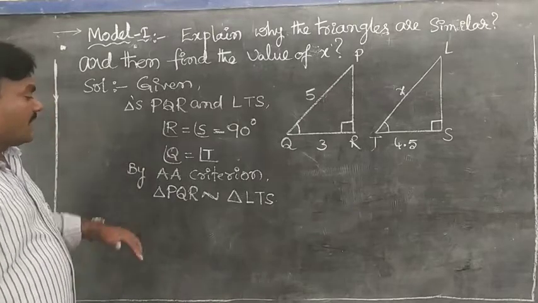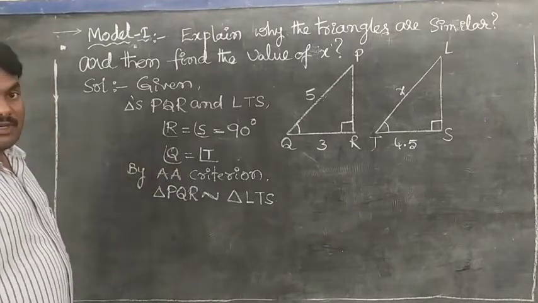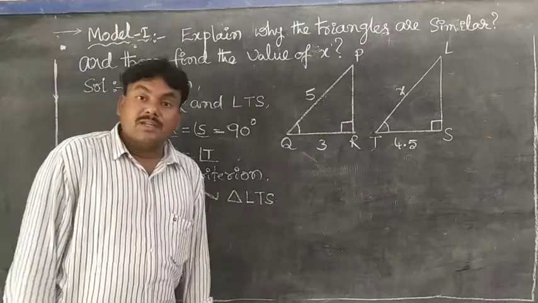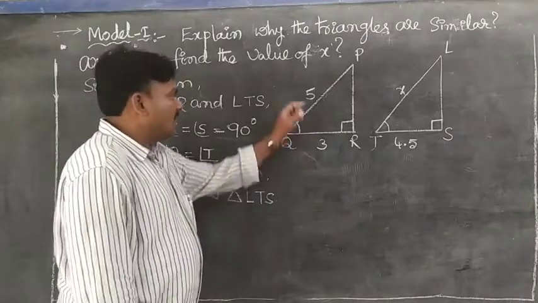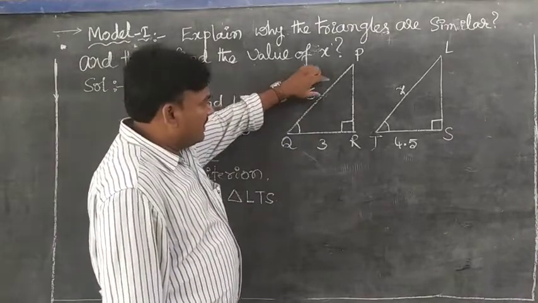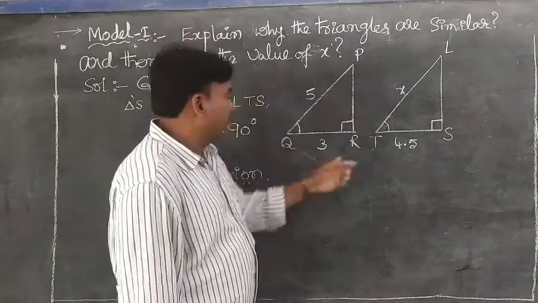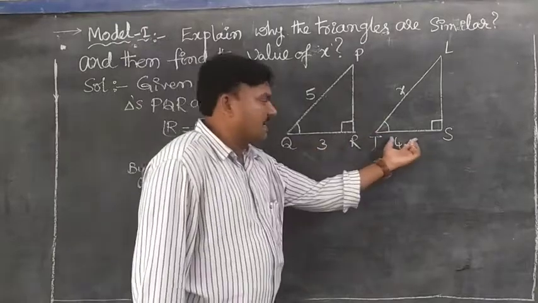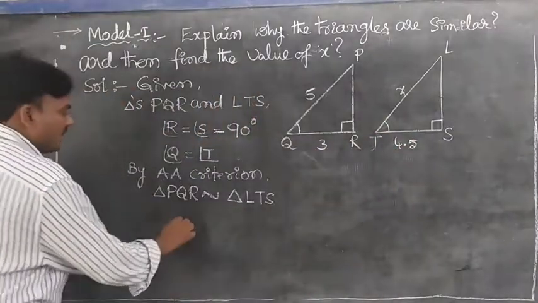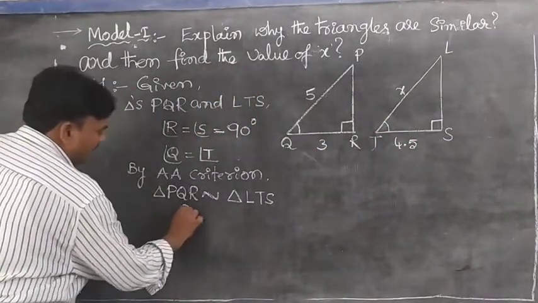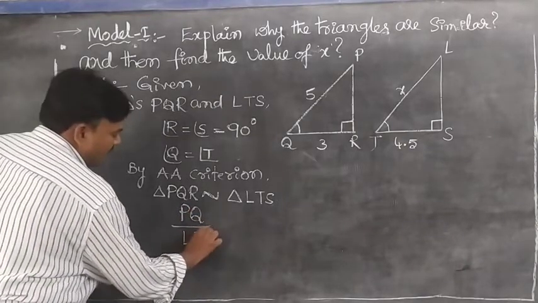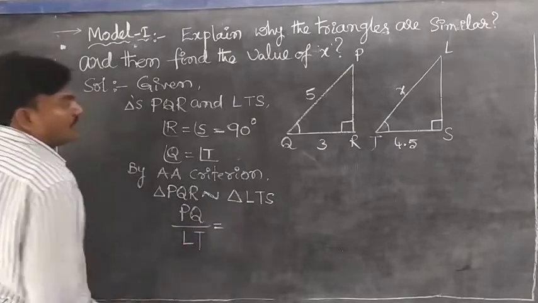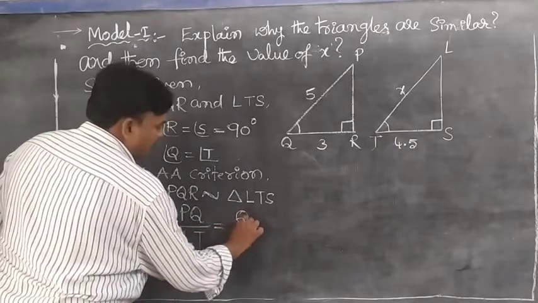Then if two triangles are similar, use the ratio of the sides. Here observe. PQ value is given and also the corresponding side LT. Next QR along with TS. Then, therefore, PQ by LT equals QR by TS.